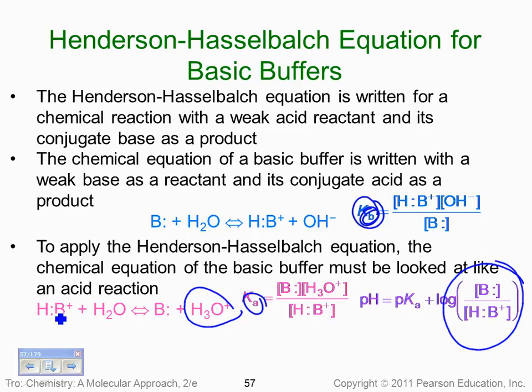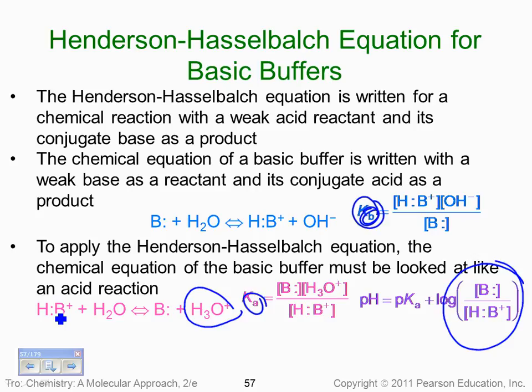That logarithm is still the base form over the acid form. So it's still the same type of formula. Don't let the fact that the other one was A minus and HA throw you: A minus is the base form, HA is the acid form. And this one is B and HB on the bottom. Still the same kind of format.